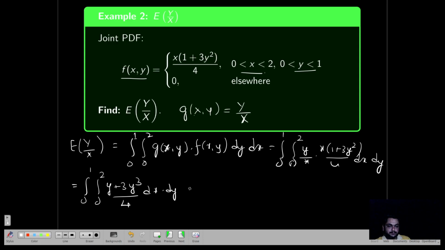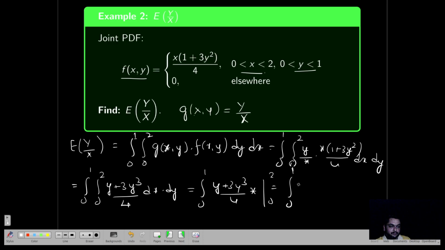Now integrate with respect to x first. Everything contains y, so it is a constant. So it will be y plus 3y cube divided by 4 into x, because the integral of 1 dx is x, in the interval 0 to 2, and then 0 to 1.